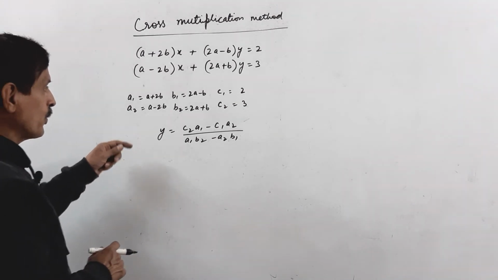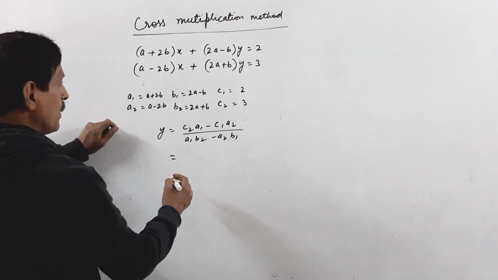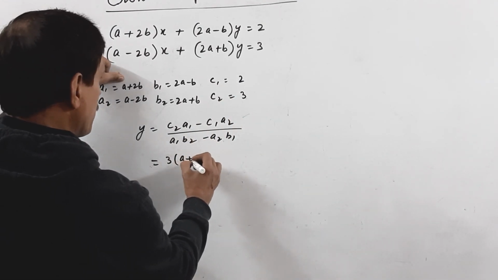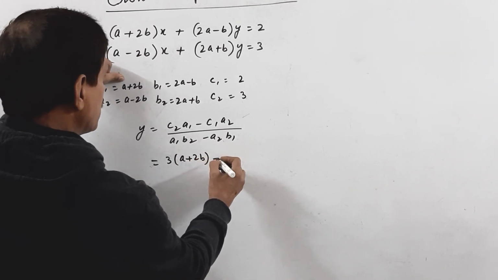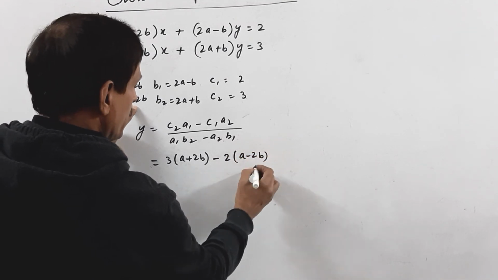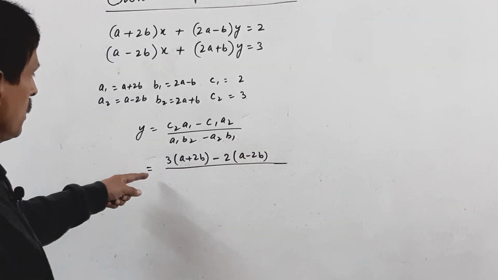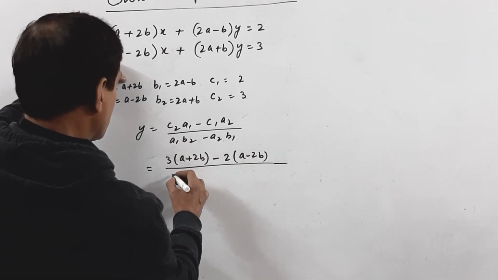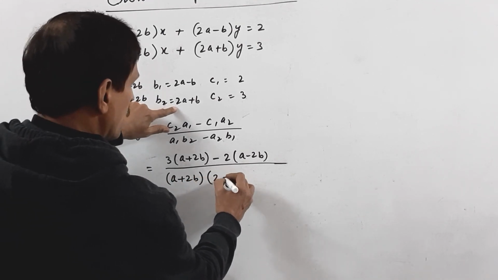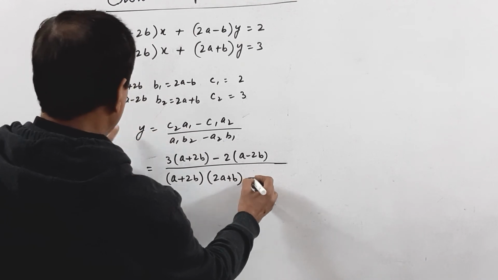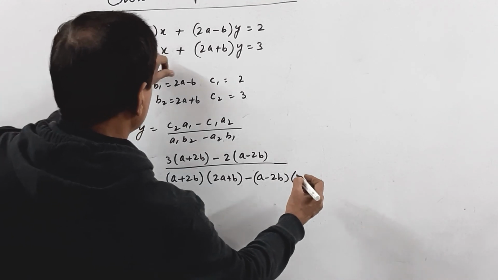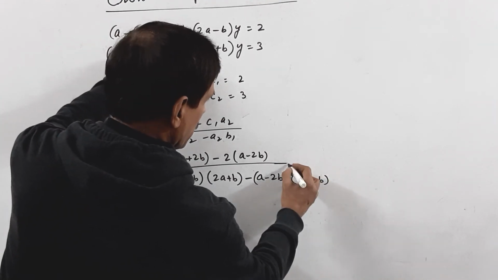We substitute the values of the coefficients in the formula. c2, 3, into a1, so 3 into a1, that is a plus 2b, minus c1 a2, this is a minus 2b, upon a1, that is a plus 2b, into 2a plus b, minus a minus 2b into twice of a minus b.